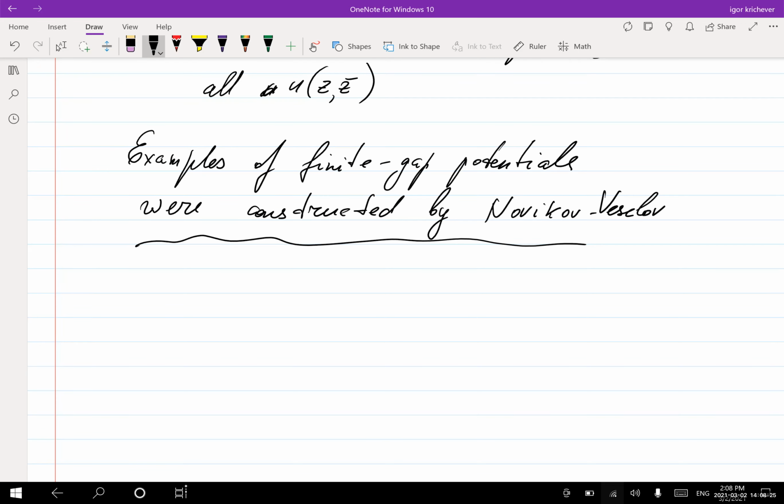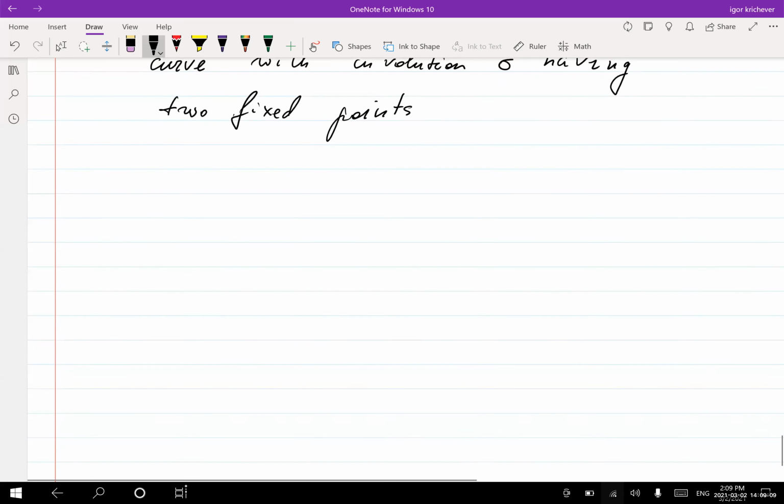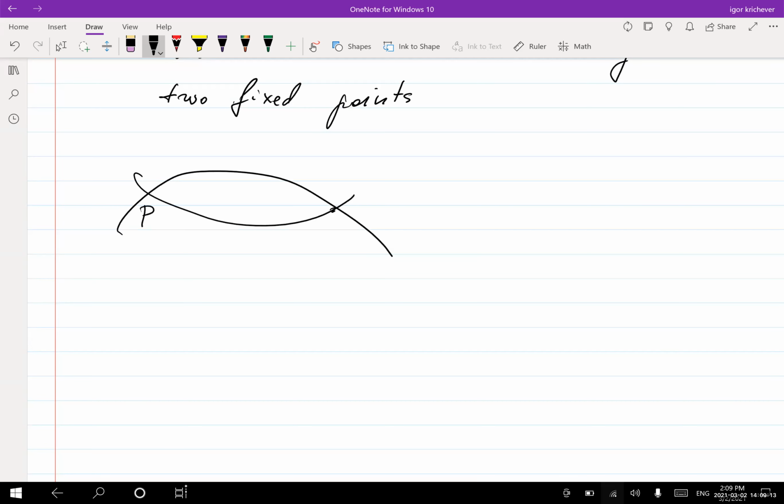So you start with any, let Gamma be a smooth genus g curve with involution sigma having two fixed points. So there are two points fixed by the involution, P1 and P2.